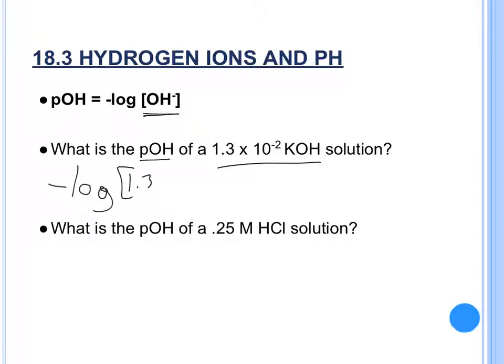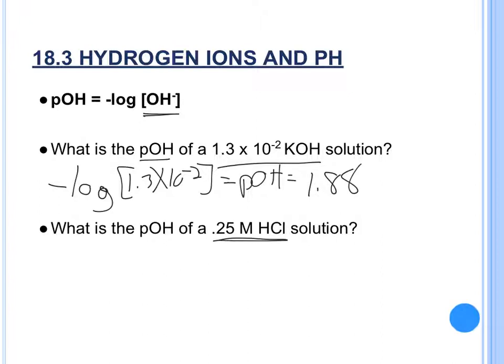So we take the negative log of 1.3 times 10 to the negative 2, and we find that the pOH equals 1.88.